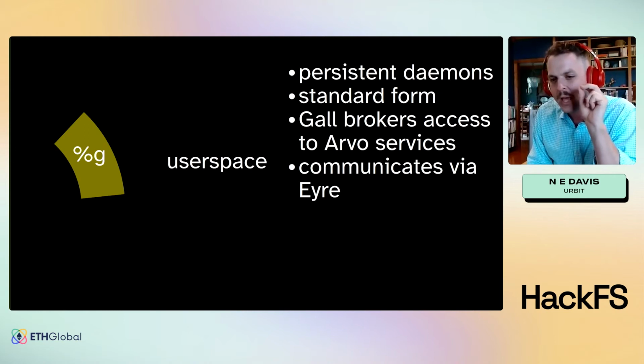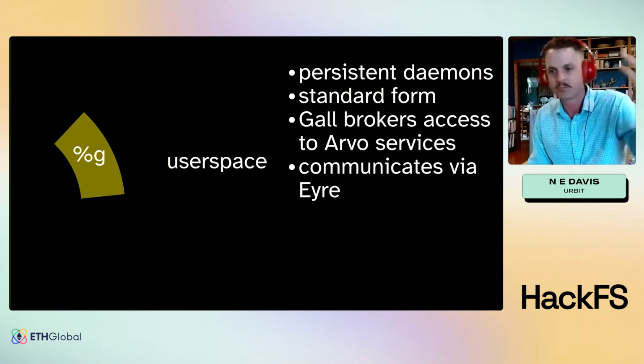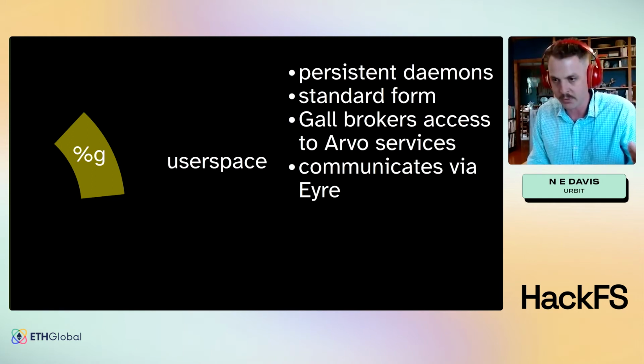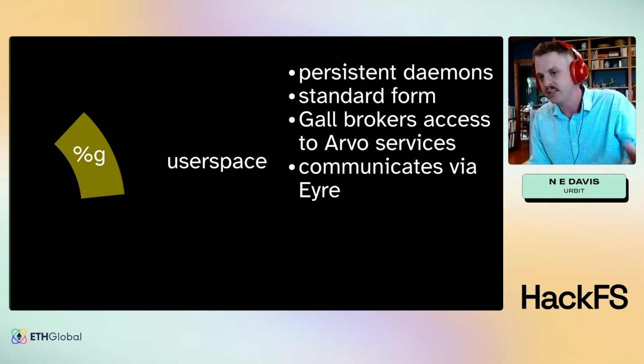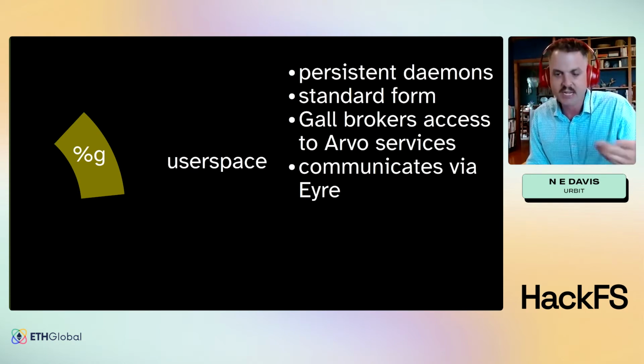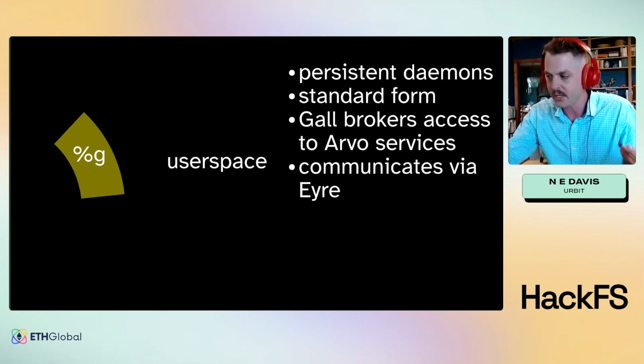Basically, every end user application behaves as a persistent daemon that may or may not currently have a front end client session that's attached to it. So it's running in the background. Sometimes you open up a browser or an app and you talk to it, but you're not always doing that. But the identity, the stateful identity of that application continues, and you're able to work with it.